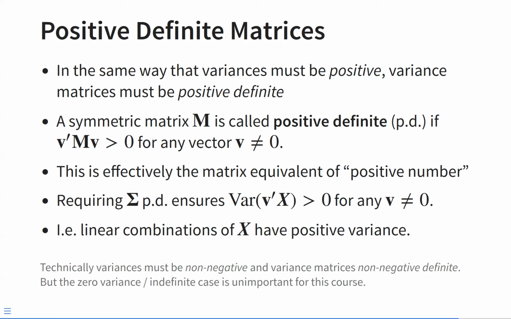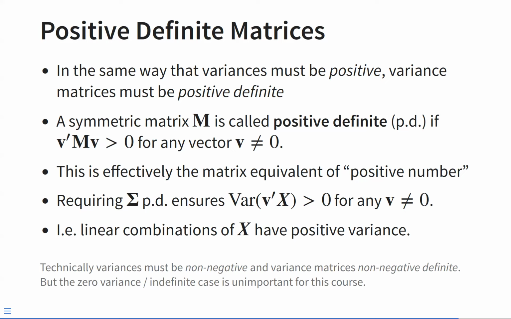This is effectively the matrix equivalent of a positive number. So requiring that sigma is positive definite is not just a technical nicety. It's absolutely crucial to making sure that what we're doing here makes sense.